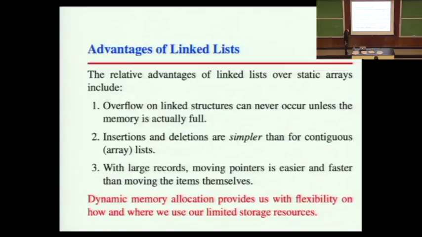And then the third point says when you have large records, moving pointers is easier than moving things themselves. So suppose each of my items that I'm storing in an array or a list is really big. I don't want to copy it over and over if I'm using a dynamic array. Right now we're saying it's sort of constant, but constant, like operation, doesn't really capture more practical things.